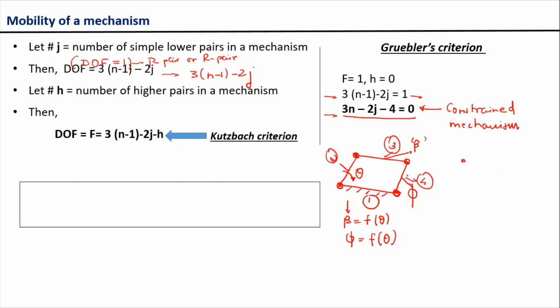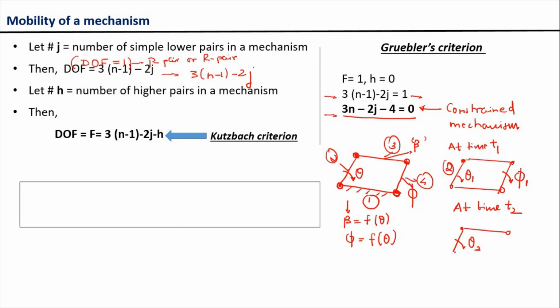Let me again consider the same mechanism. Let's say at any instant of time t1, I rotated this input link 2 through angle theta 1, and the output link also rotated through angle phi 1. Now again let us consider another time instant t2. I rotated this input link through angle theta 2 and the output link got rotated through angle phi 2.